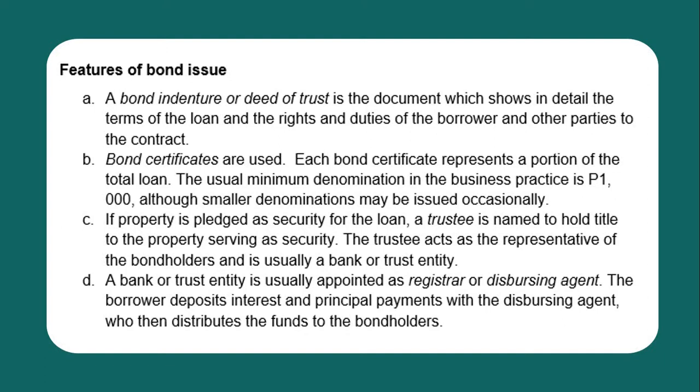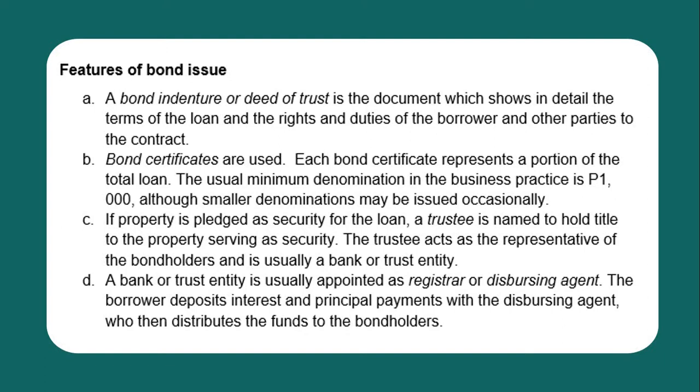Then, a bank or trust entity is usually appointed as registrar or disbursing agent. The borrower deposits interest and principal payments with the disbursing agent who then distributes the fund to the bondholder. So, in this case, there's no direct flow of the cash flows from the issuing entity to the investor.